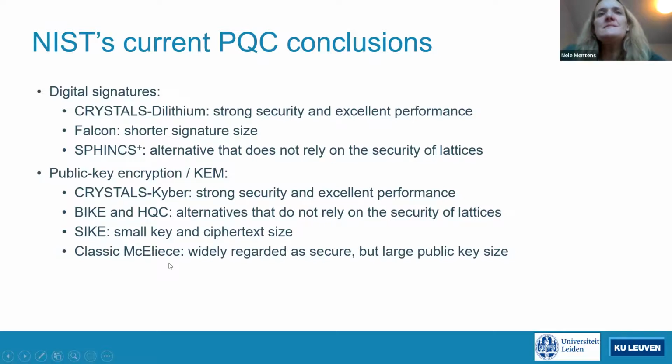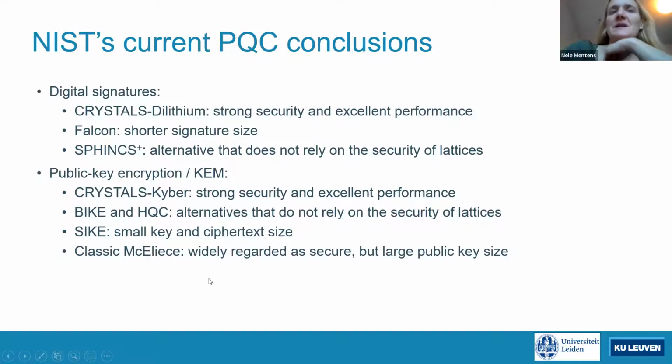And then Classic McEliece is a code-based crypto algorithm. The advantage there is that it's actually a much older algorithm, which means that it was already exposed to a lot of public evaluation. For all these algorithms, it holds that they are secure as long as nobody finds an attack against them.